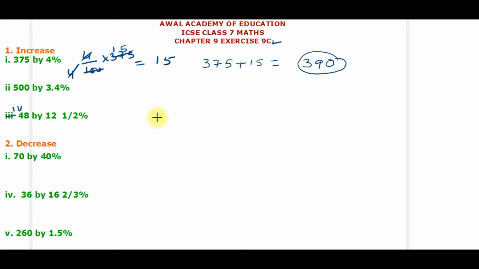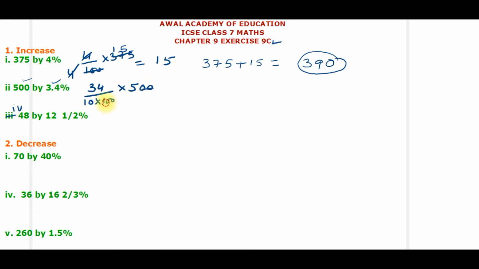Now the second part is increase 500 by 3.4%. For this, first we will find out 3.4% of 500. 34 upon 10 is for the decimal and this 100 is for the percent, and we will multiply it by 500.